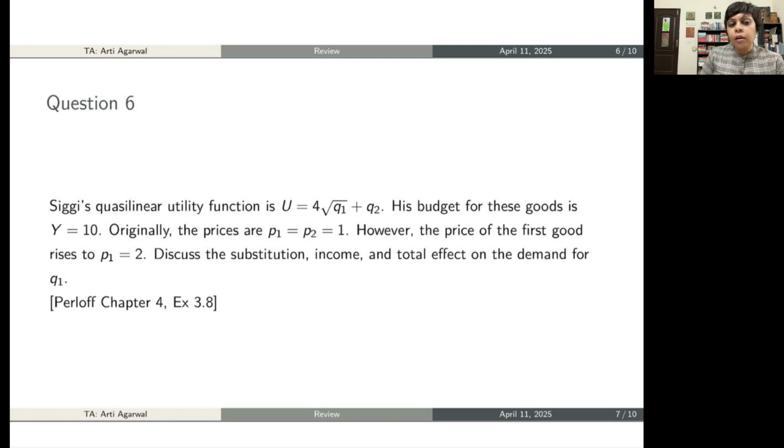Let's call this q1 double prime. Now you take the difference between q1 and q1 double prime, and that gives you the substitution effect. Total effect is equal to substitution plus income effect. So now that you have the total effect and substitution effect, you can calculate the income effect.